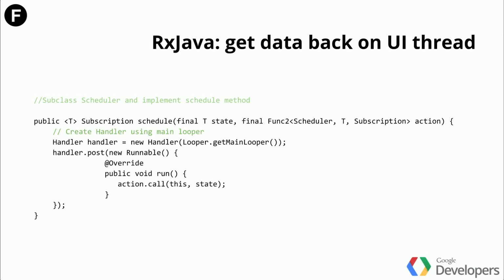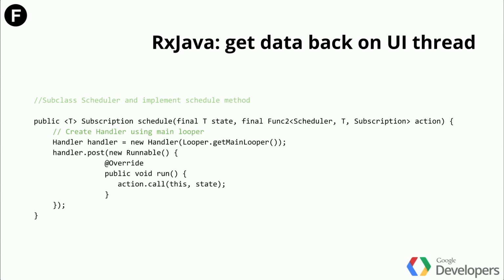That's correct. Now this is very simplistic. There's a scheduler class within RxJava that you need to subclass, and it has two abstract schedule methods that you'll need to implement. This is a very simplistic implementation of one of them, but what we do here is specify that there's a handler which runs runnables on the main looper, which is the main UI thread. And so the main looper is the main Android UI. That's correct.